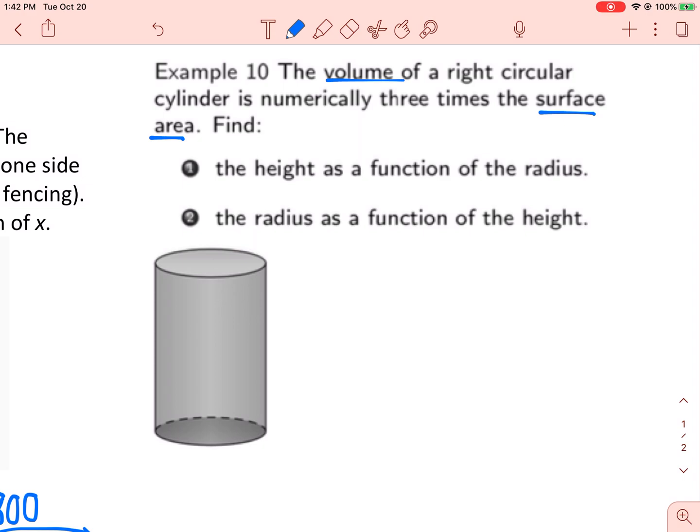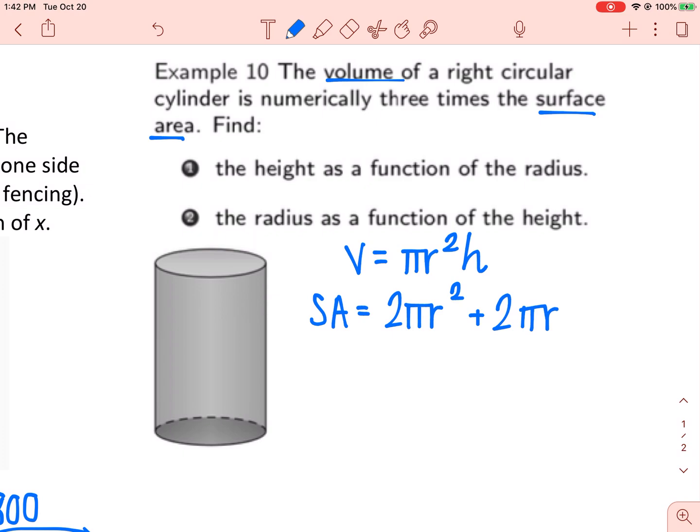Use it. Okay, we know that the volume is going to be pi r squared h, and surface area is 2 pi r squared plus 2 pi r h. Okay, good to have those written down. The first one wants us to find height as a function of radius, using that the volume is 3 times the surface.